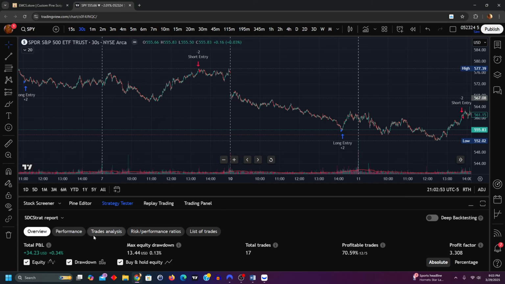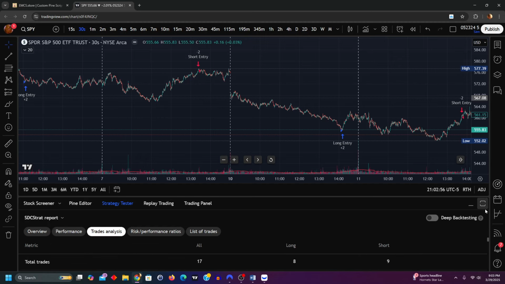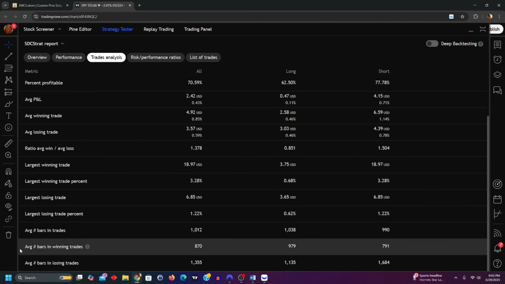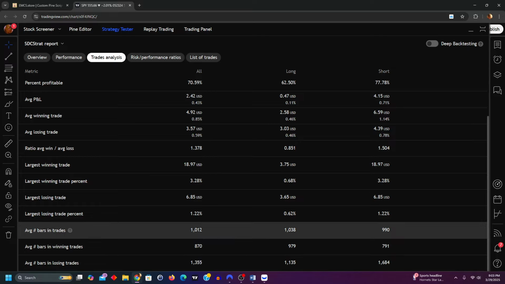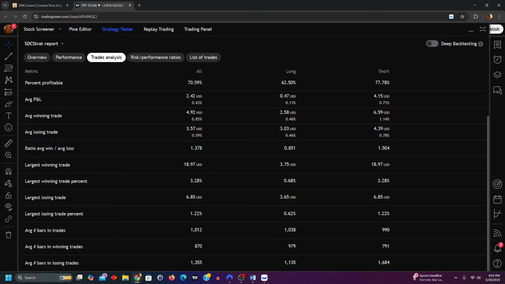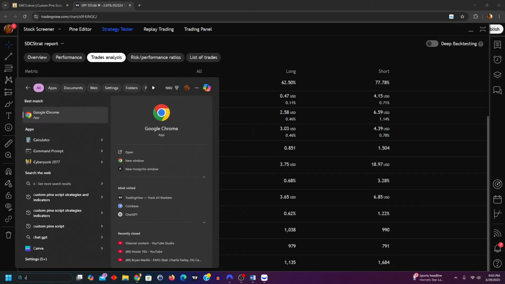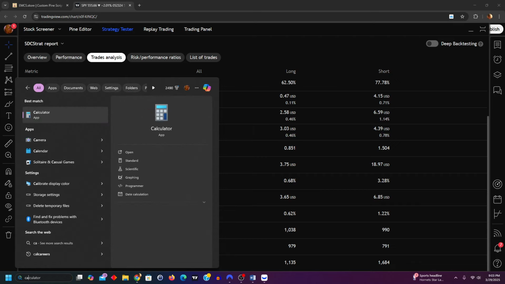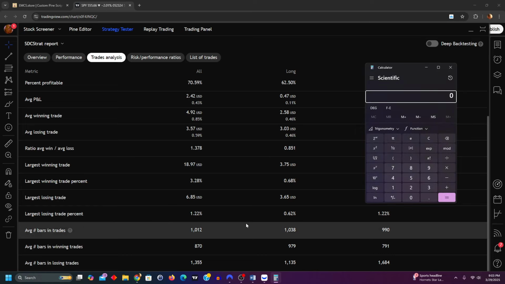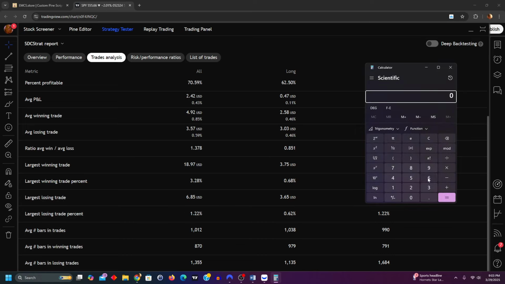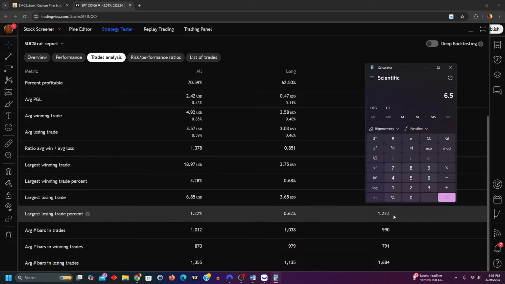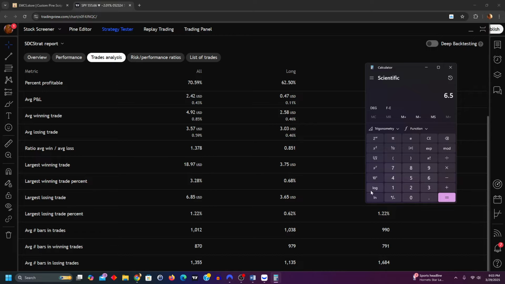We can look at this. So, average bars in trade. So, you think about it, right? The stock market is open for 6.5 hours a trading day during official market hours, right? And times 60 minutes.